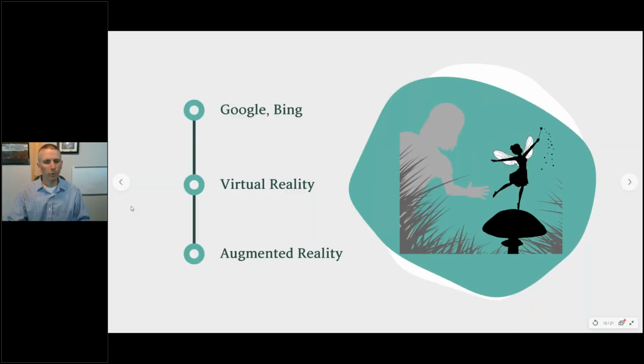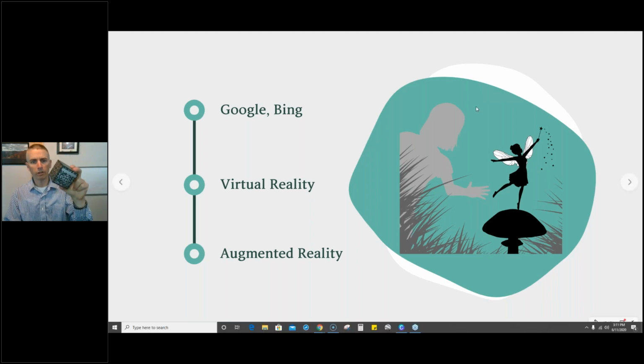So we've got our Google, we've got our virtual reality and augmented reality. Who's got one of these? Who has one of these Merge Cubes? They became really popular a few years back. So the Merge Cube, augmented reality, another interesting way for kids to discover things.